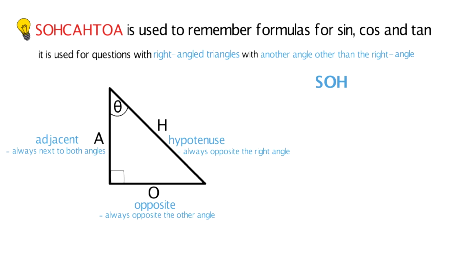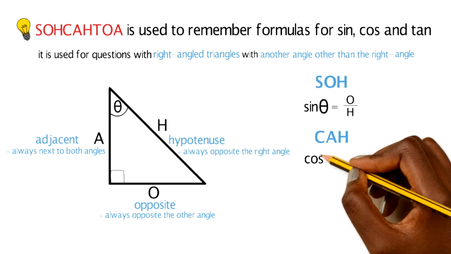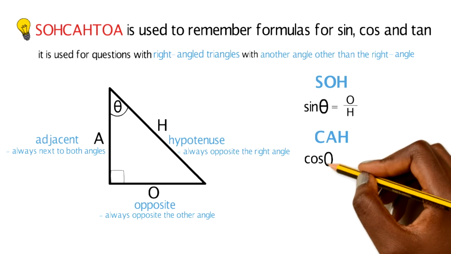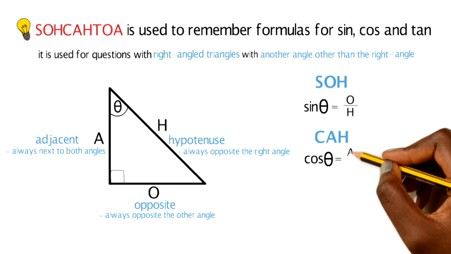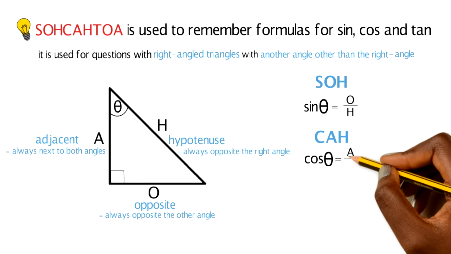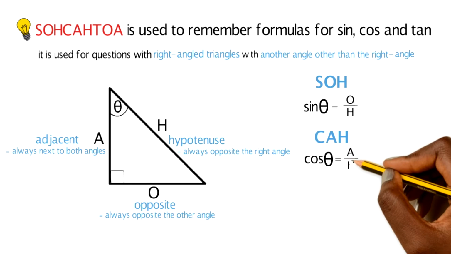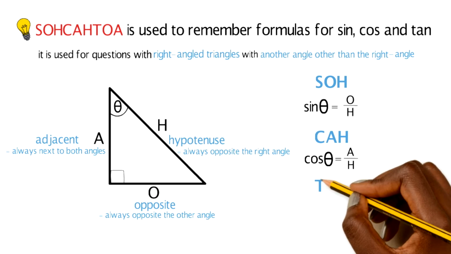So that's key. So first of all, the formula for SO, which is sine theta, remember sine and your angle, is equal to the opposite over the hypotenuse, okay? And we use this formula to work out a missing length of either O or H. Then we've got our CAH, which is cos theta, okay? So it will be cos theta is equal to our A over H. And then we've got our TOA.